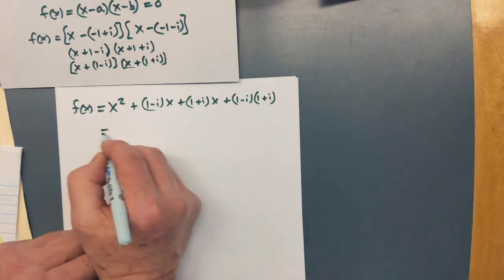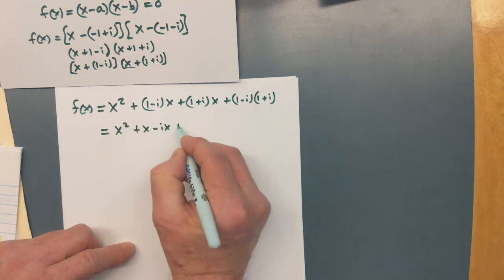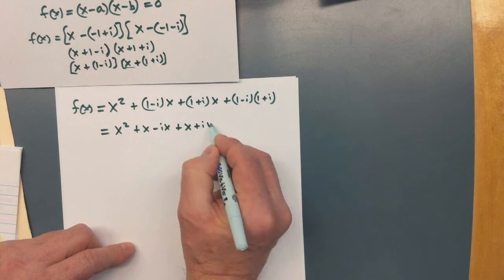And then simplifying that, we get plus x minus ix plus x plus ix.